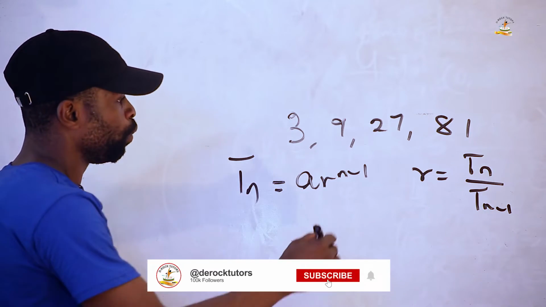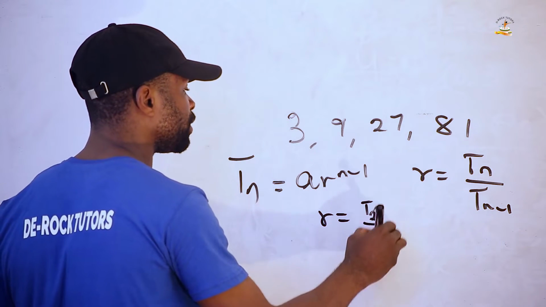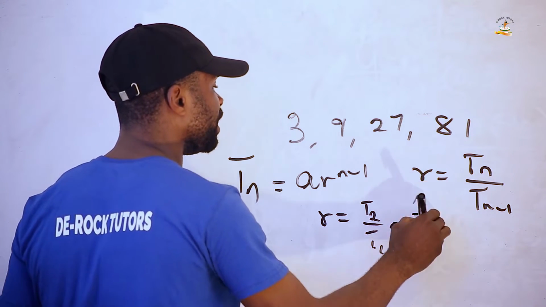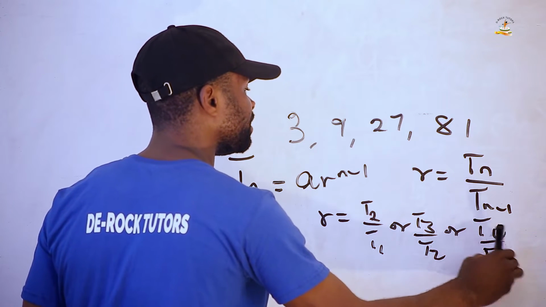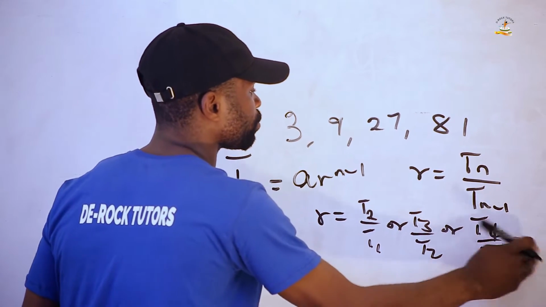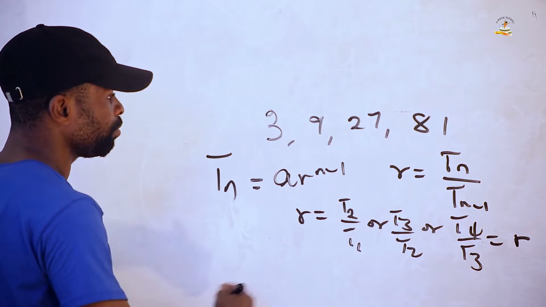We proceed. We now have our r equal to T2 over T1, or T3 over T2, or T4 over T3, which is equal to r, as you can see in both cases.